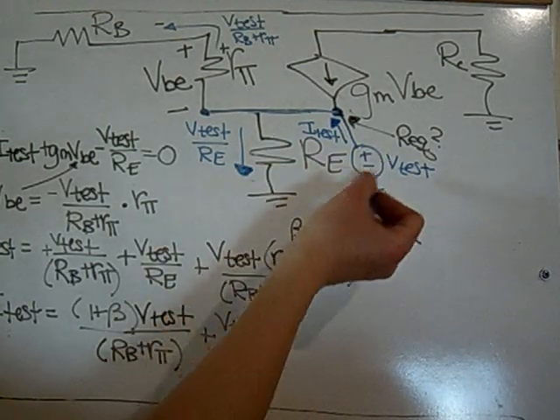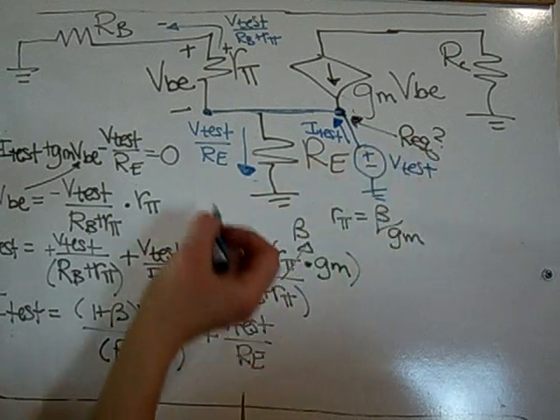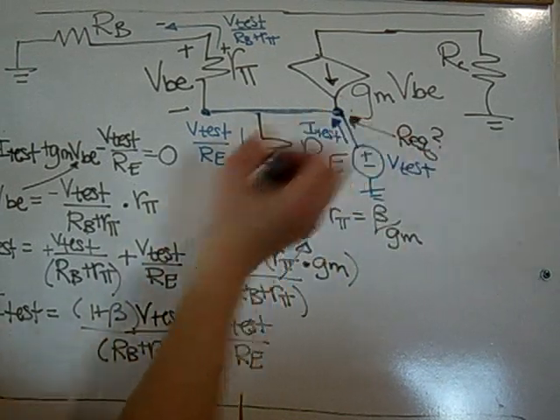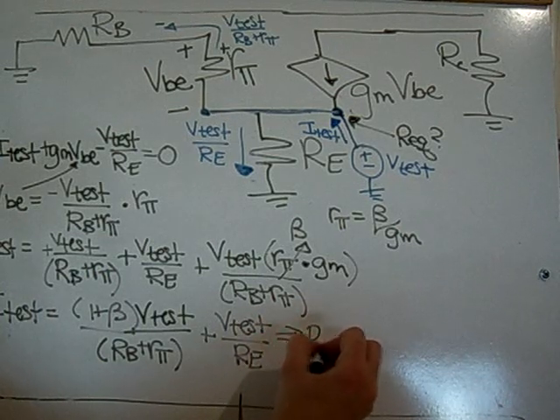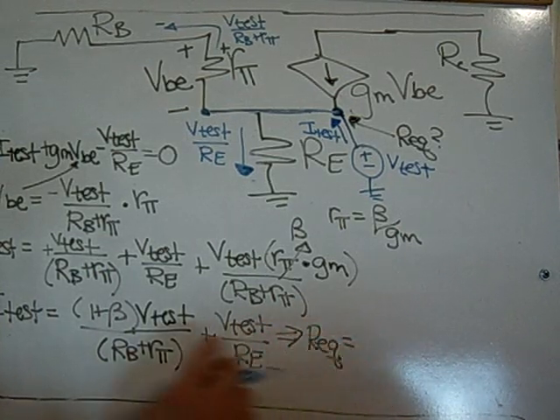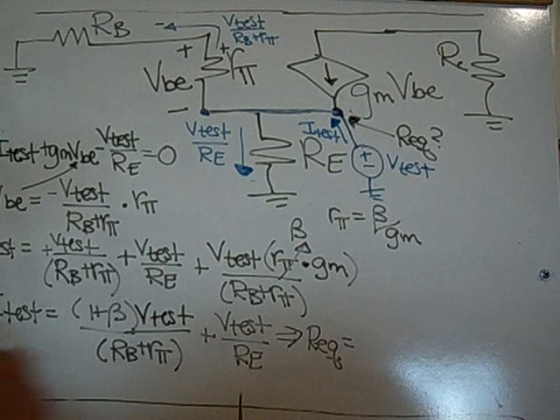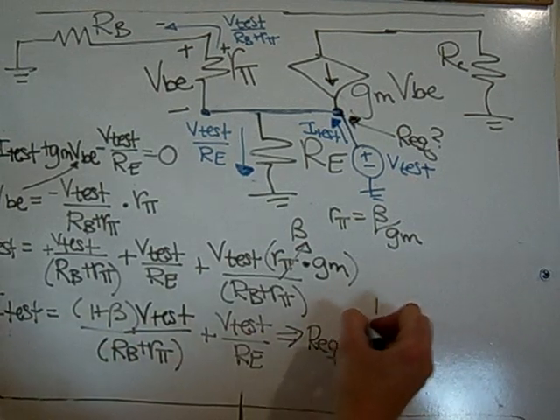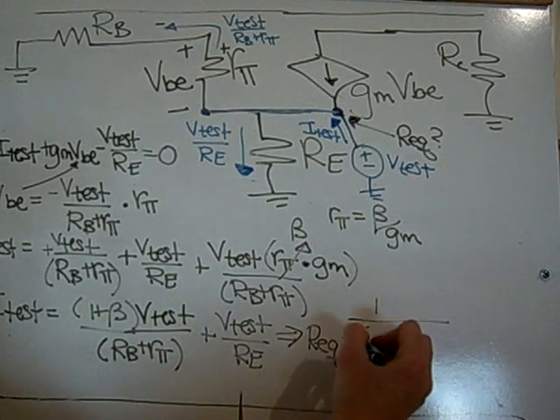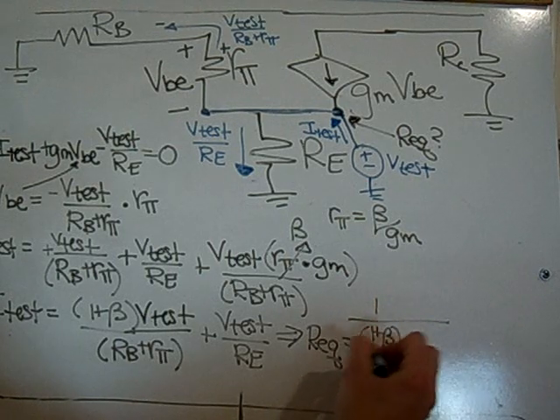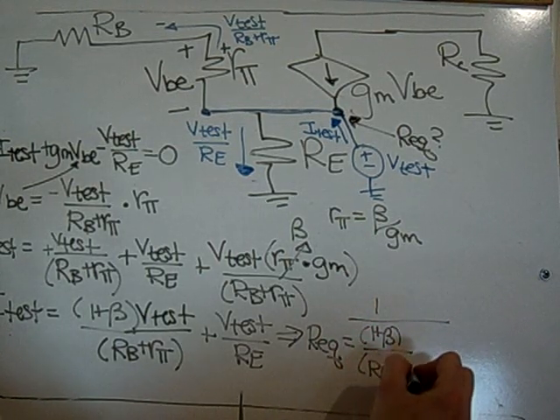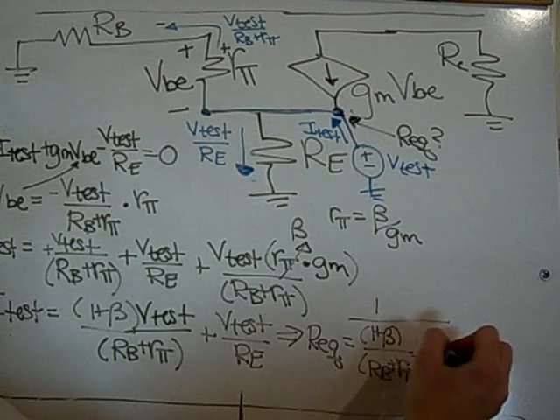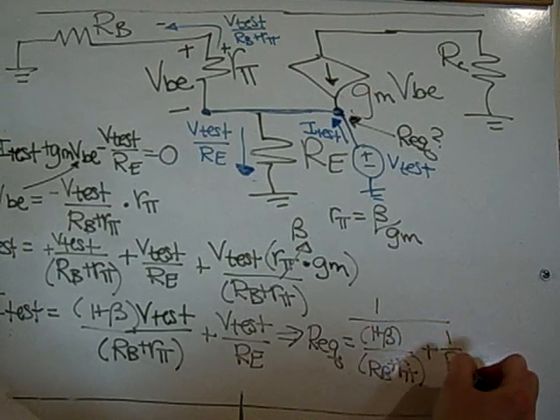Now, the R equivalent is going to be V test divided by I test. So V test over I test will eliminate the V test, so it will look like 1 over 1 plus beta over RB plus R pi plus 1 over RE.